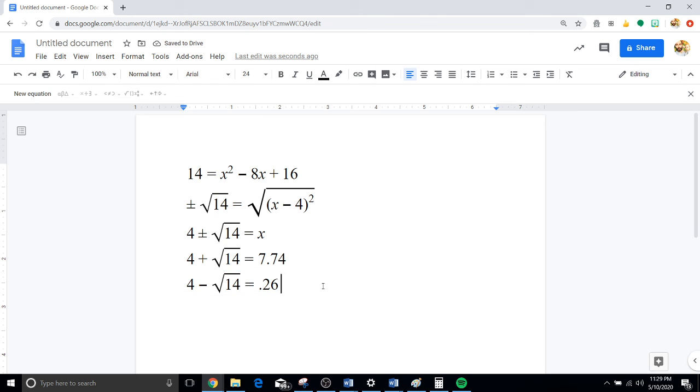Now, can we prove that these two roots are the actual roots? Well, in order to do that, we need to bring back our original equation, which if you remember is y equals x squared minus 8x plus 2. Okay, well, let's go ahead and take this equation right here and plug it into Desmos.